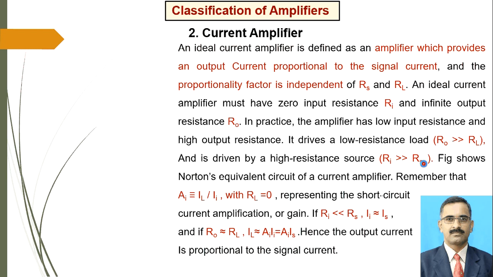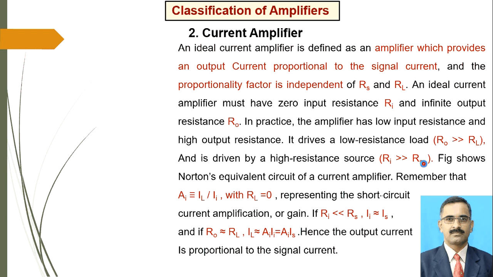The figure shows Norton's equivalent circuit of a current amplifier. Remember that AI, the current gain, is the ratio of the load current IL divided by the input current, with RL equal to 0, representing the short circuit current amplification.